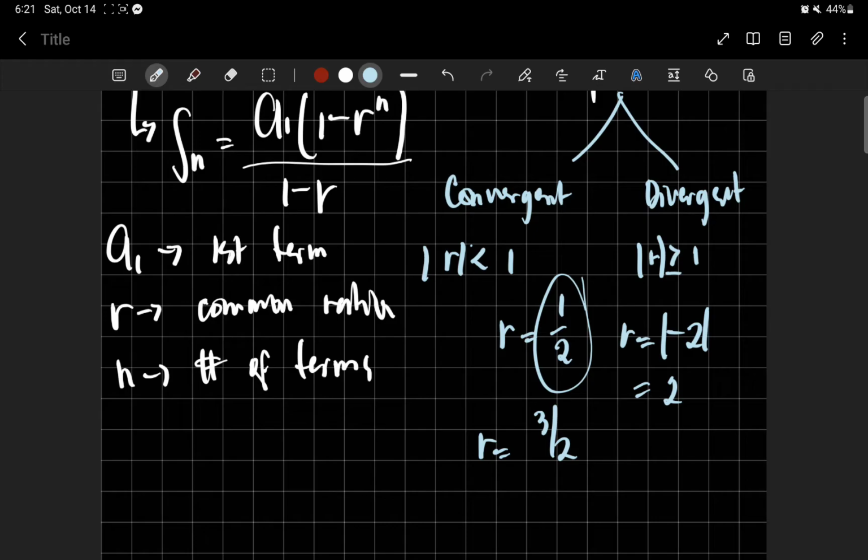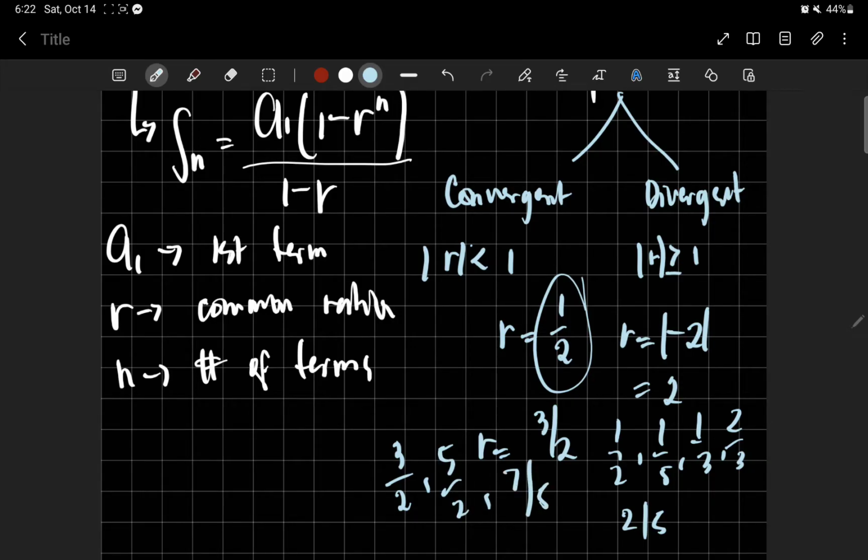Ano ba yung proper fraction? Yun yung 1/2, 1/5, 1/3, 2/3, 2/5. Yung mas mataas si denominator compared kay numerator. Si improper fraction naman, yun yung 3/2, 5/2, 7/5.